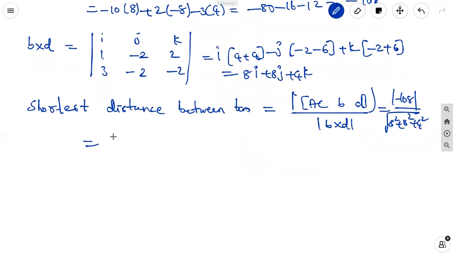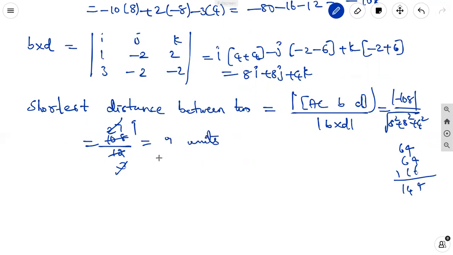It is equal to 108 by the square root of 64 plus 64 plus 16, which is the square root of 144, which is 12. So 9 units is the shortest distance between the given two lines.